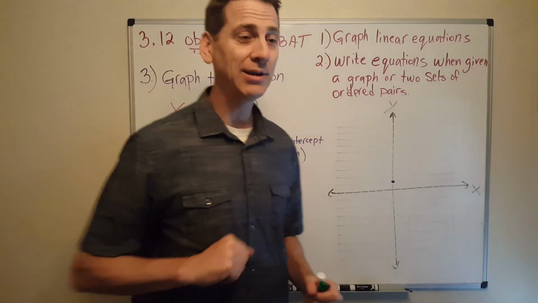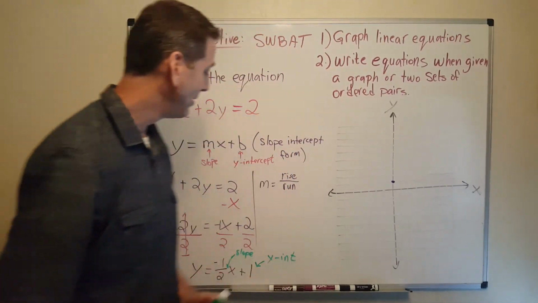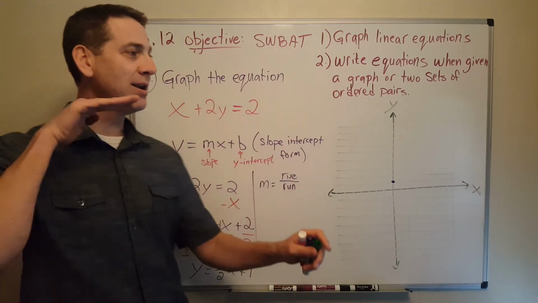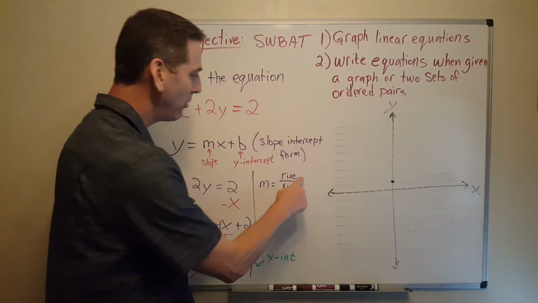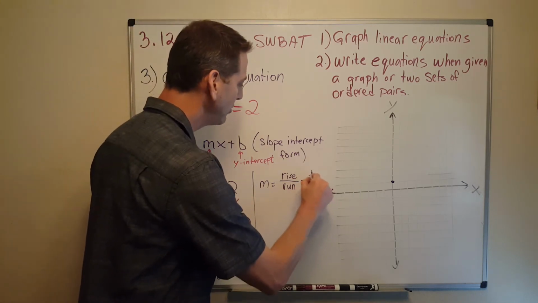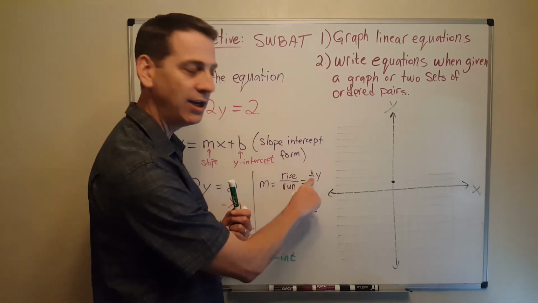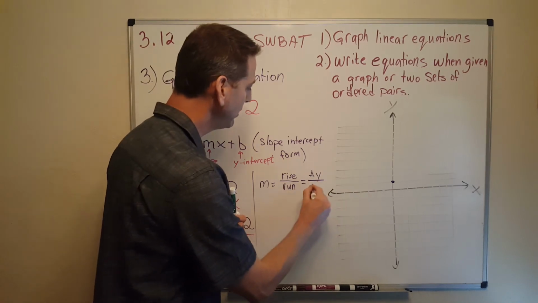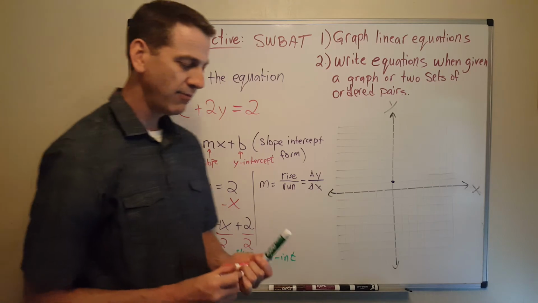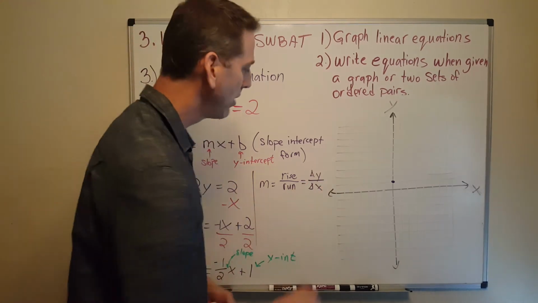Don't run backwards. I broke a collarbone one time doing that. All right, so rise is up and down, run is side to side. Rise has to do with my change in y. That triangle just means change in. And the run just means the change in x. For now, we'll just think of rise over run.